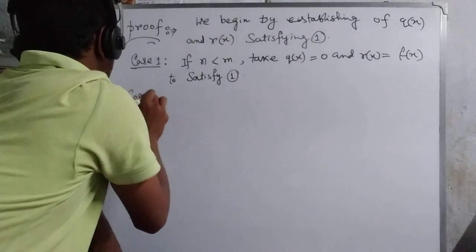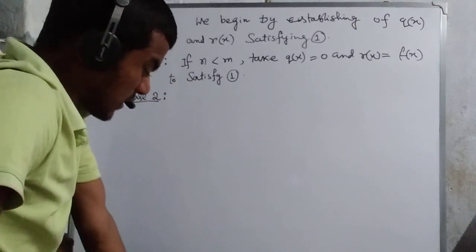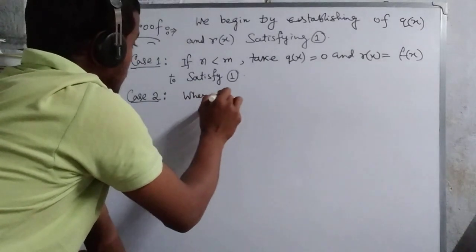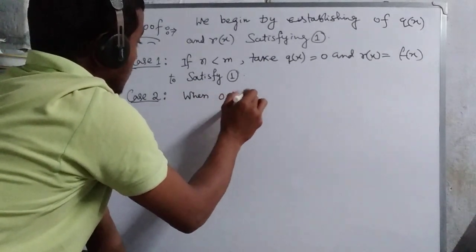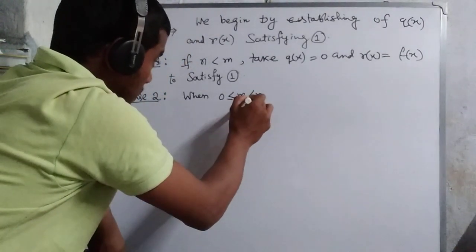Case 2: when 0 is less than or equal to m, and m is less than or equal to n.